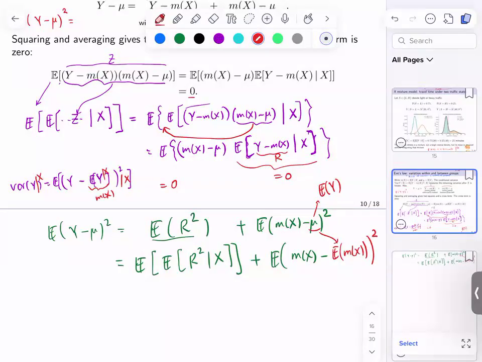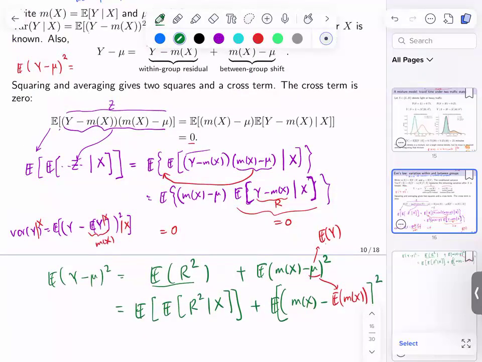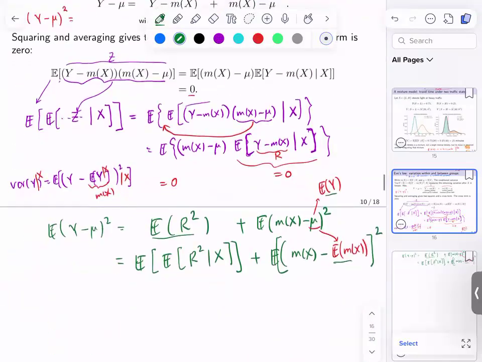The expectation is applied to both sides. Why is this equal to this? By definition this is E of y, and you can see this is the expectation of y given x, so this is another application of Adam's law. The fact that the expectation of m of x is equal to mu is another application of Adam's law. We do it multiple times.